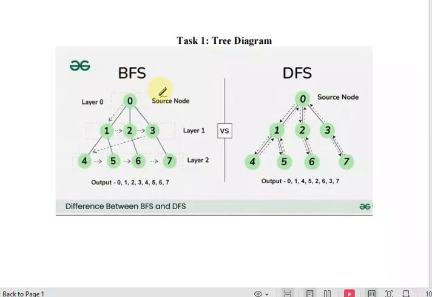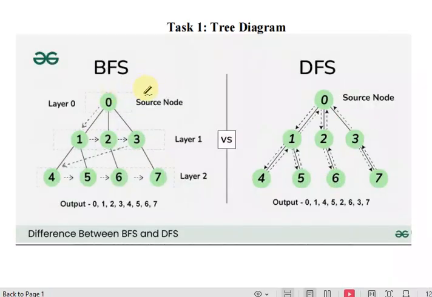We will start from visiting 0, and then add its children, like 1, 2, 3. So start from here and then here to 2 and then 3. So this is our first step.